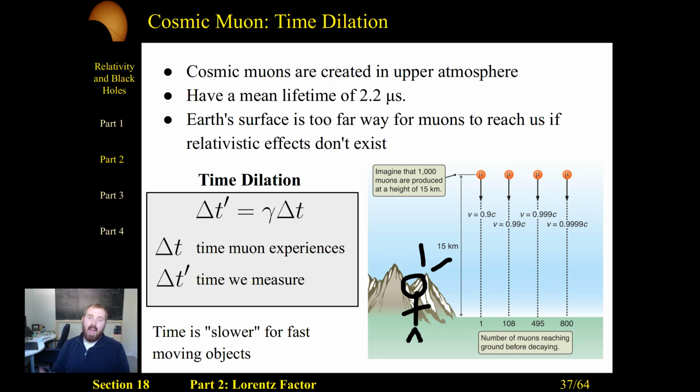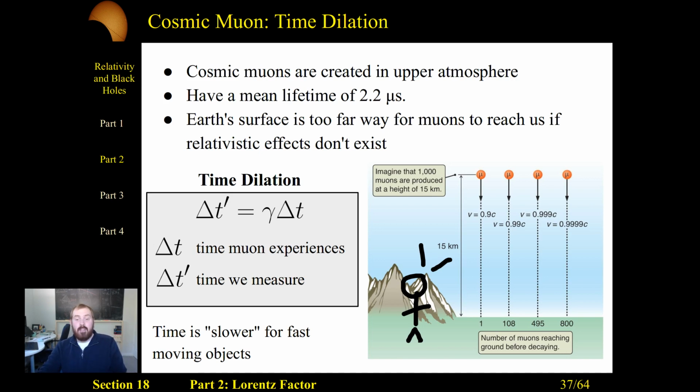We see a fast-moving particle, a fast-moving muon, and so it lives for a longer time span. That's what the delta t prime means. As the velocity goes up, gamma gets larger and larger, which means the time of life in our reference frame gets longer and longer.